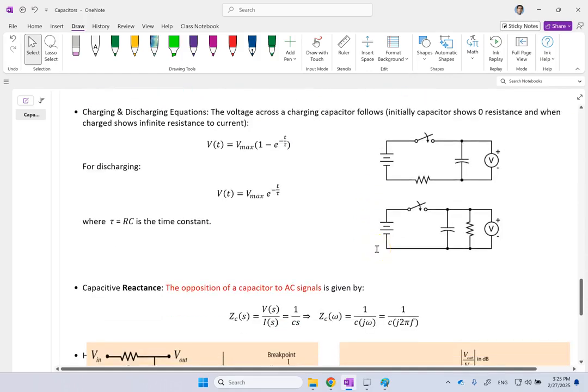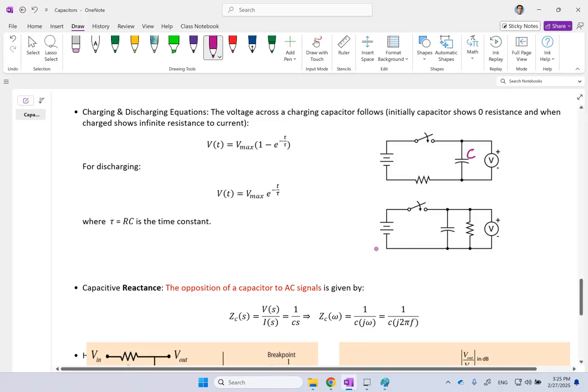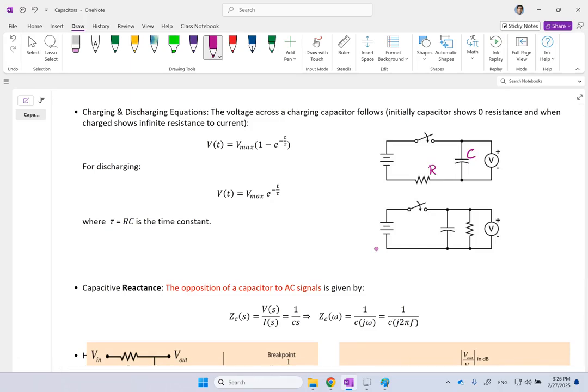I talked about the charging and discharging of an RC circuit. So if you have a capacitor and you have a resistor, we call it an RC circuit, then you can charge and discharge it.